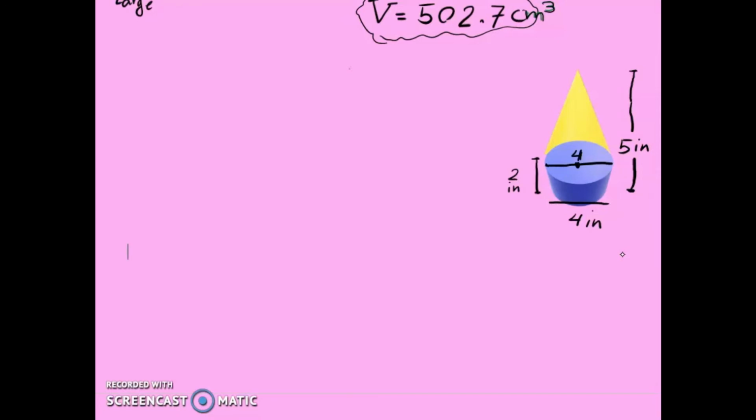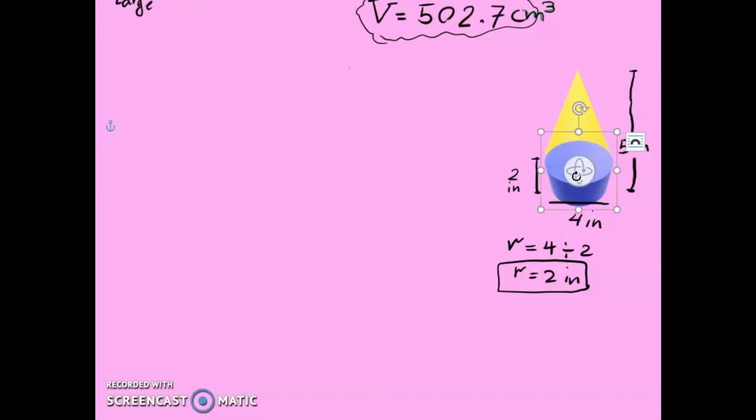Therefore, the radius is 4 divided by 2, which is 2 inches. Let me bring back the shape to its own position. Okay, so I have the radius, and I'm ready to calculate the volume of the cylinder.